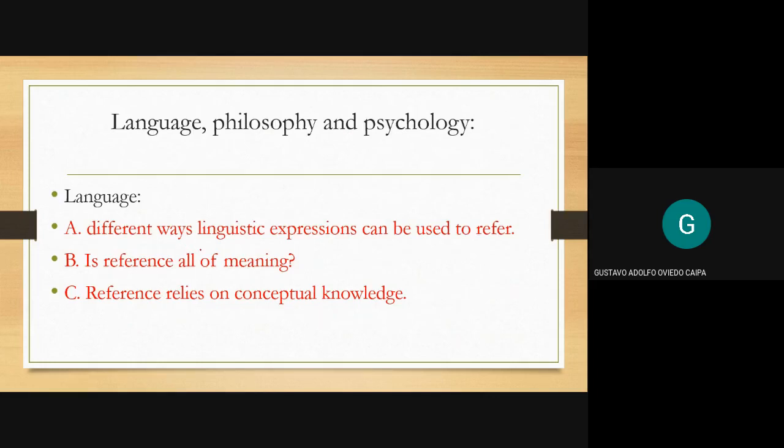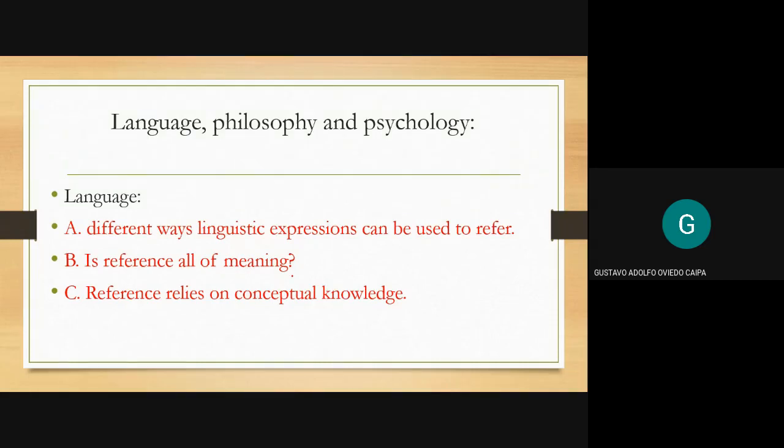All right. There are some questions that derive from this difference between referential theory and representational theory of meaning. We need to analyze the different ways that a linguistic expression can be used to refer, and some of those limitations, because there are limitations to this. We need to think about if reference is all of meaning, or if there are more aspects to this question.